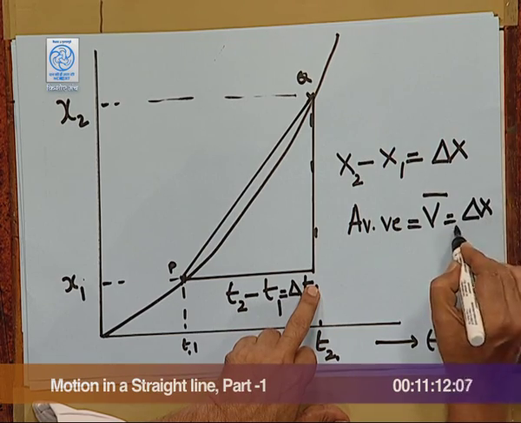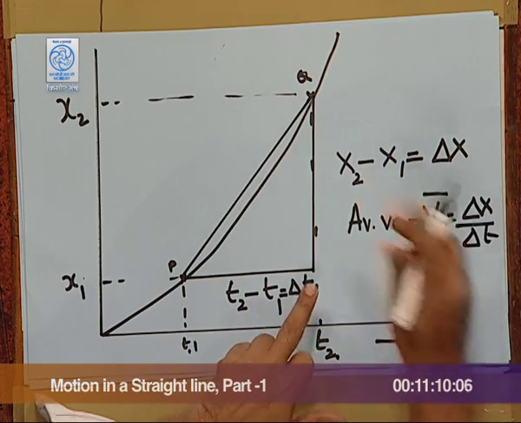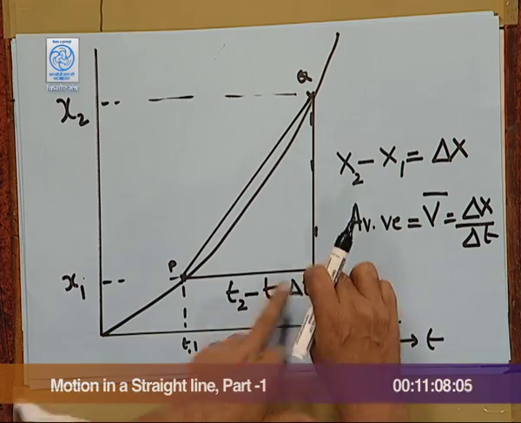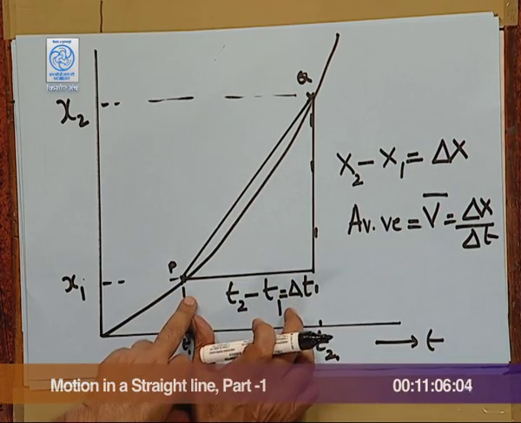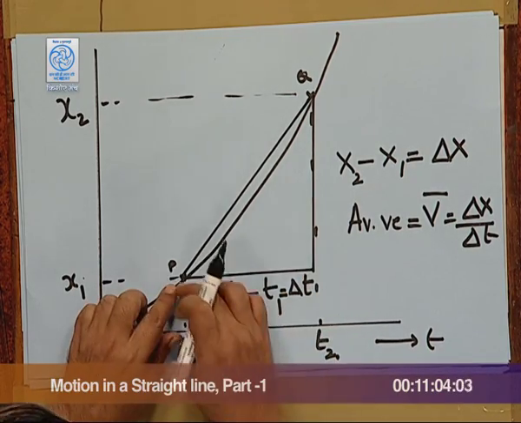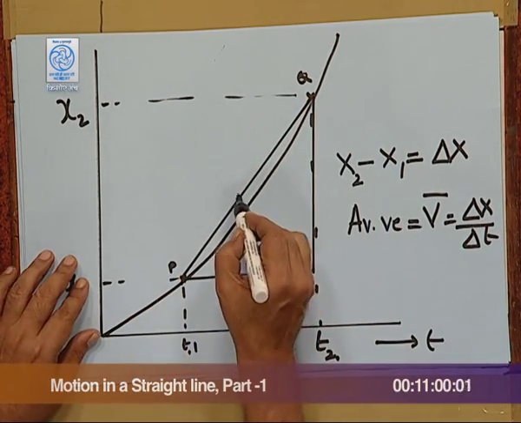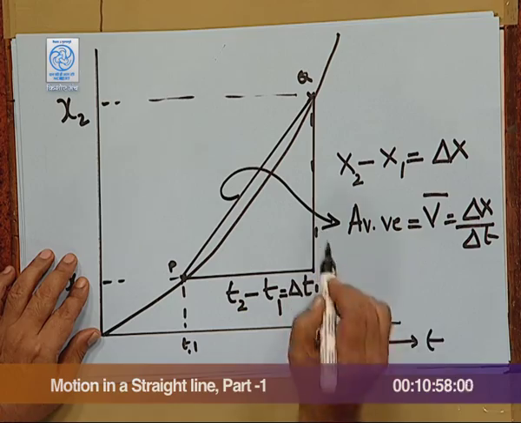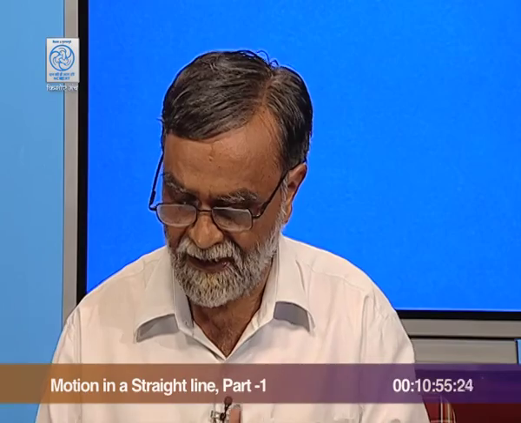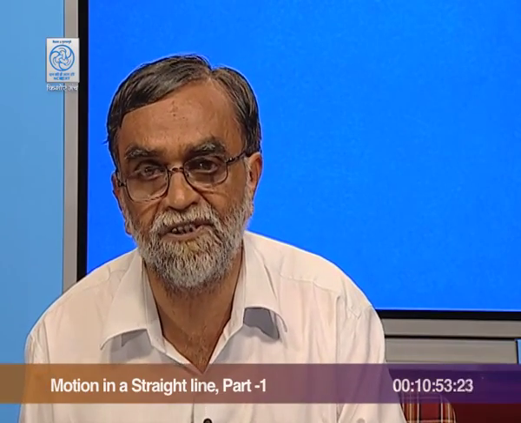Look at the graph, that is the height of this triangle divided by the base of this triangle, which we call the slope of this line PQ. Slope of the line PQ represents the average velocity in the interval t1 to t2.